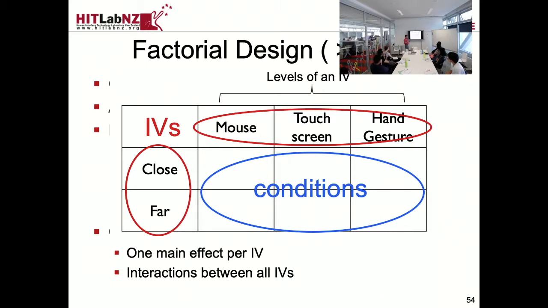Vice versa, if for some reason you want more weight, you can treat this one as a between and this one as a within. So one participant will have close with a mouse, touch screen and hand gesture, and the other participant will only have far distance with a mouse, touch screen and hand gesture.